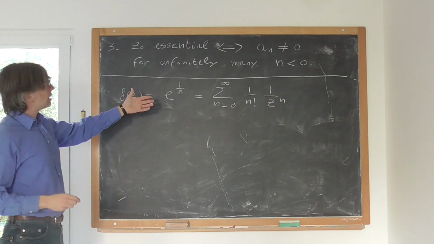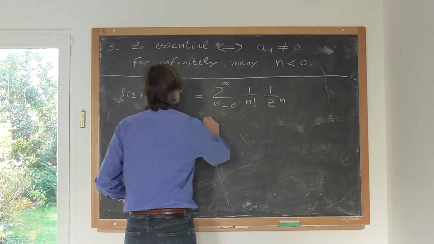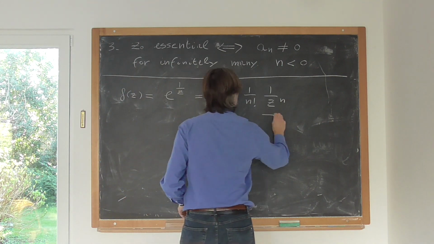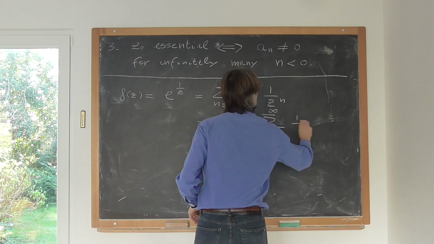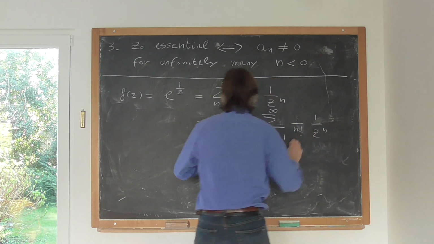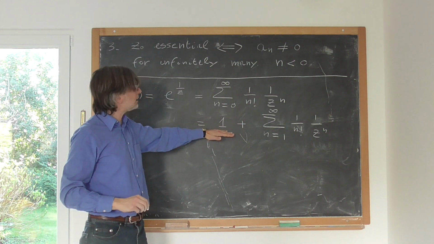So here, in the Laurent series expansion of f, we see this is 1 plus sum n goes from 1 to infinity, 1 over n factorial, 1 over z to the n. So this is the principal part, this is the regular part, 1.